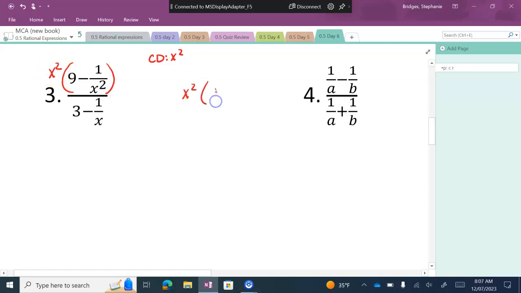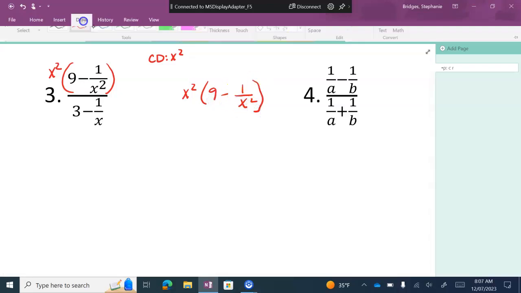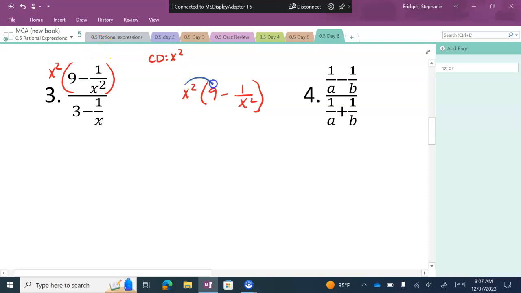I'm just coming over here to the side so I can show you guys my work. If I distribute that, that's going to give me 9x squared minus, if I multiply x squared times 1 over x squared, what does that give me? Just 1, right? So at the top, I'm left with 9x squared minus 1.